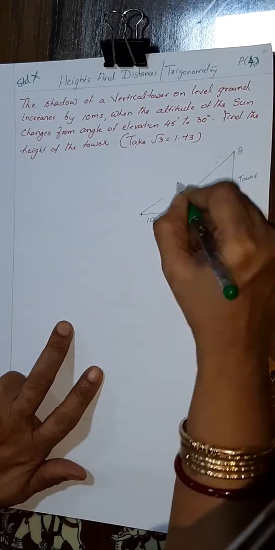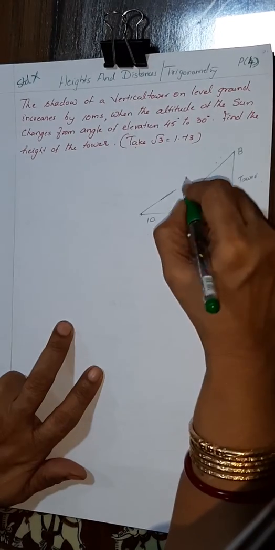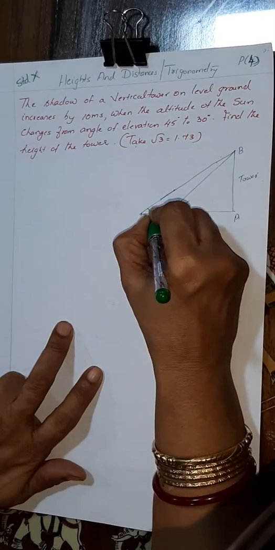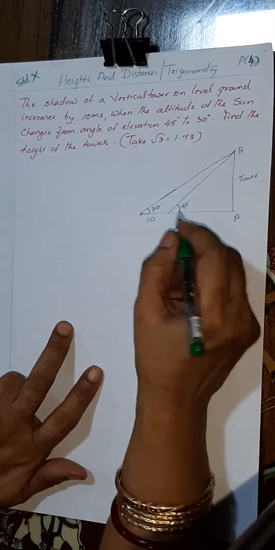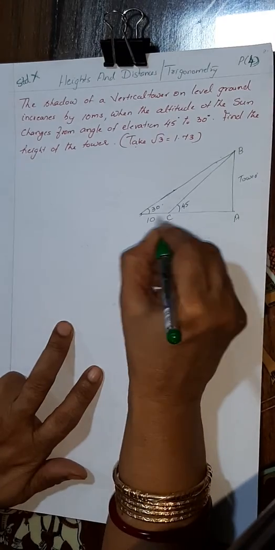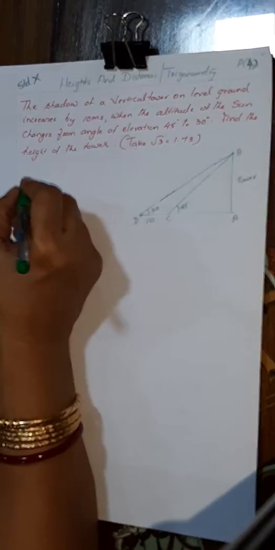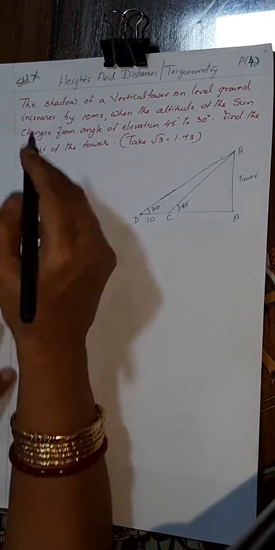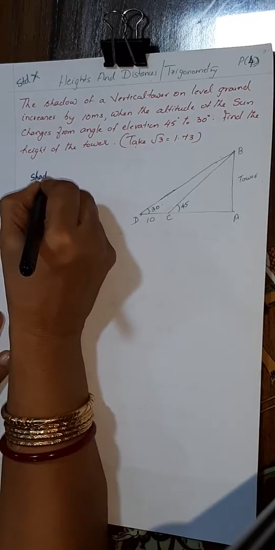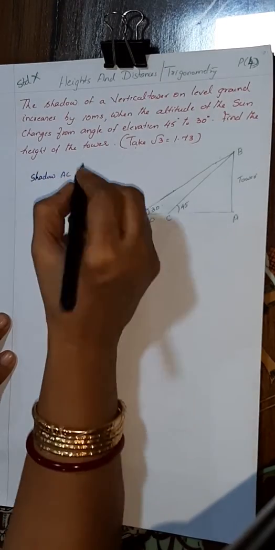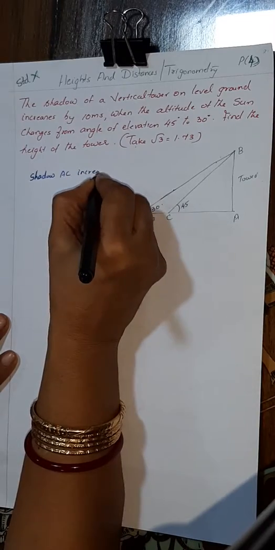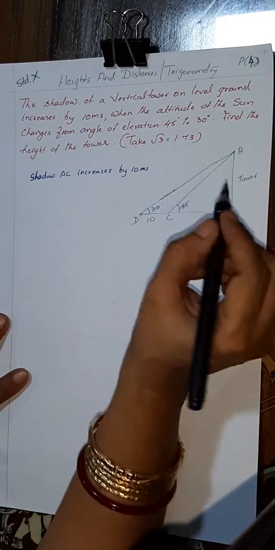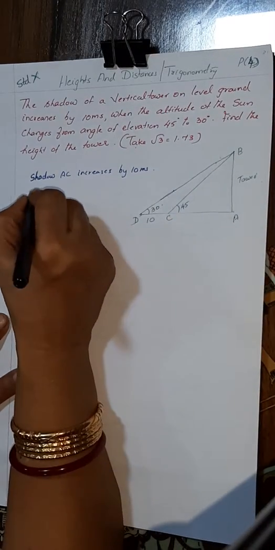So now the angle of elevation, this is 30 degrees. So A, B, C and D. So first shadow AC increases by 10 meters.